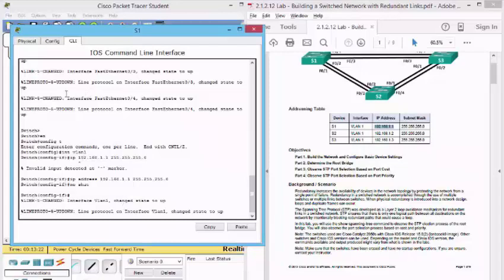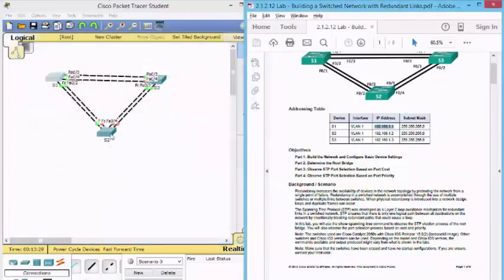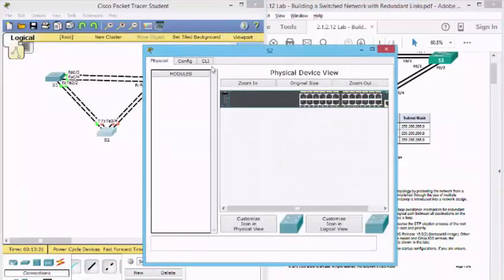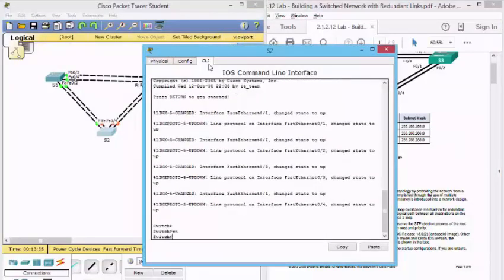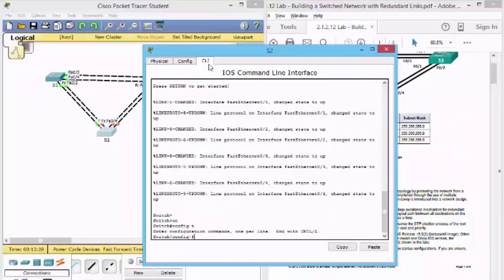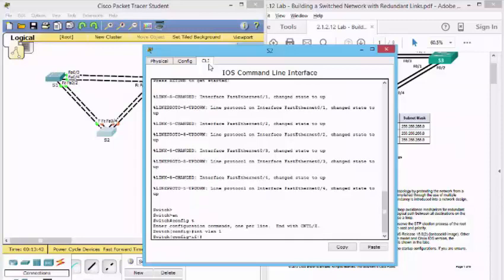Now let's go to switch 2. Go to the command line interface. We enable, config t, interface VLAN 1, IP address.